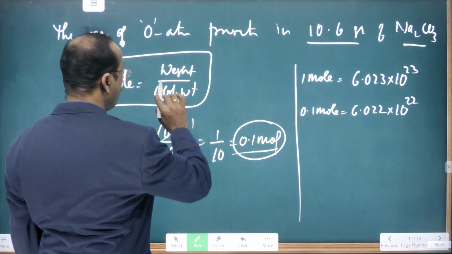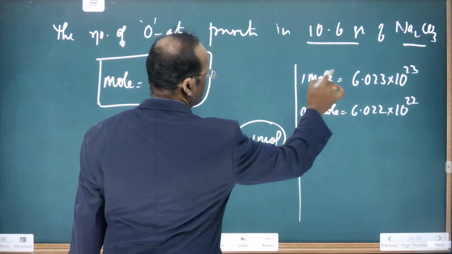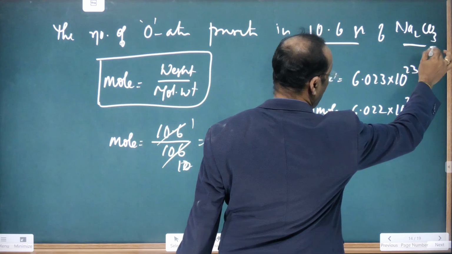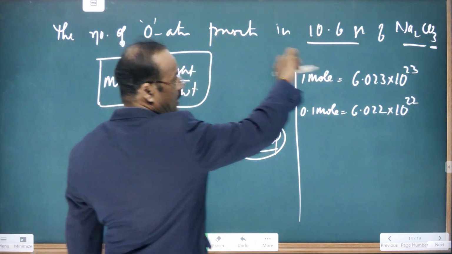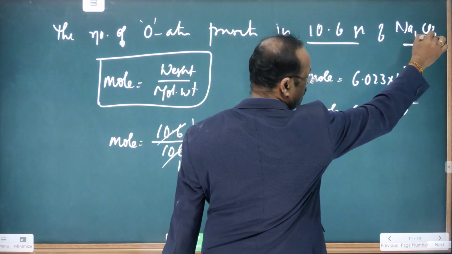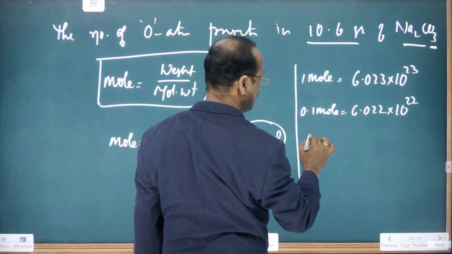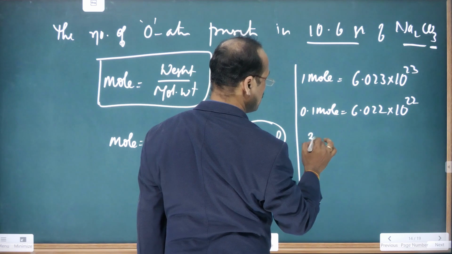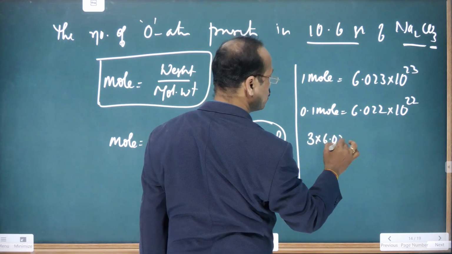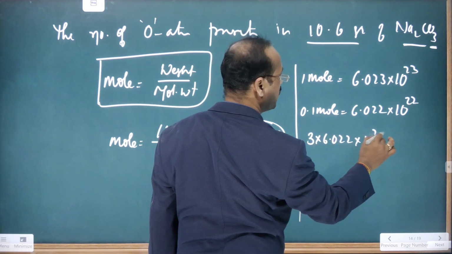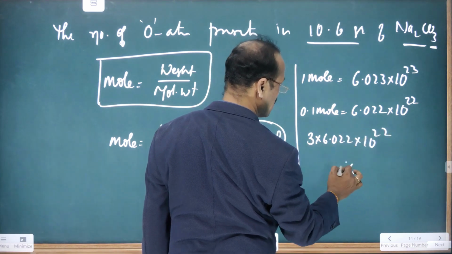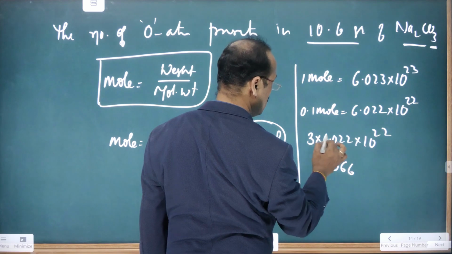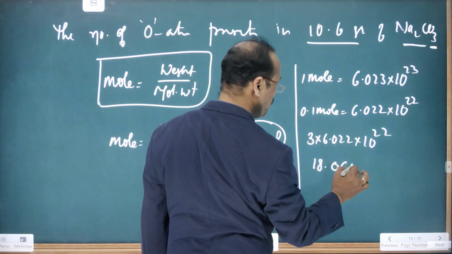Now 1 molecule of sodium carbonate contains how many oxygens? 3 oxygens. We are asked to find the number of oxygen atoms, and each molecule of Na2CO3 has 3 oxygens. So you multiply this number by 3: 3 into 6.022 into 10 to the power of 22. 3 twos are 6, 3 zeros are 0, 3 sixes are 18.